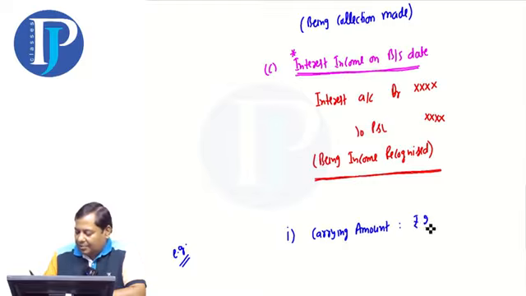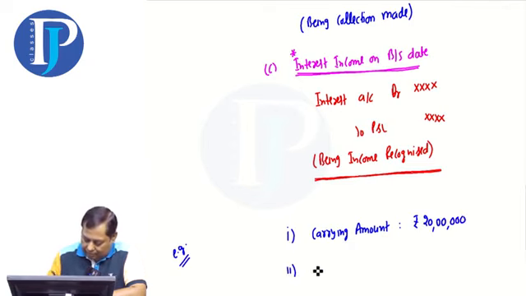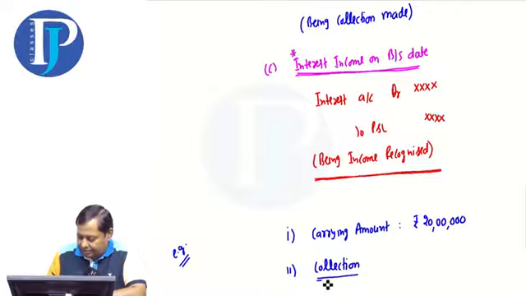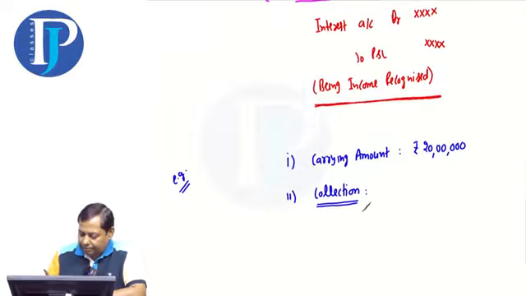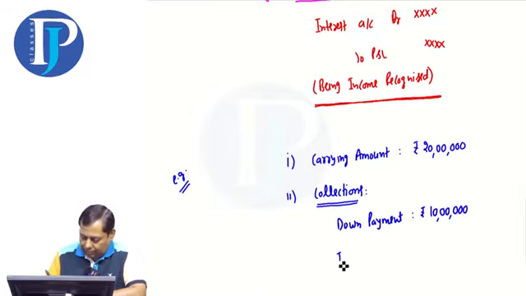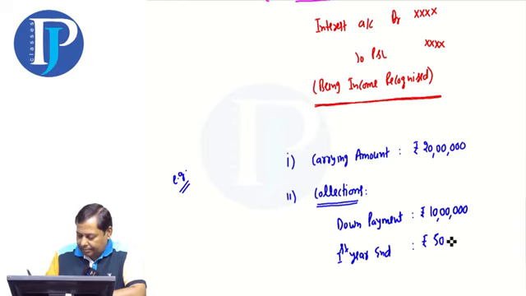Let's say the carrying amount is 20 lakhs. Collection received will be under this. The down payment will come as rupees 10 lakhs. At end of first year, 5 lakhs will be received.